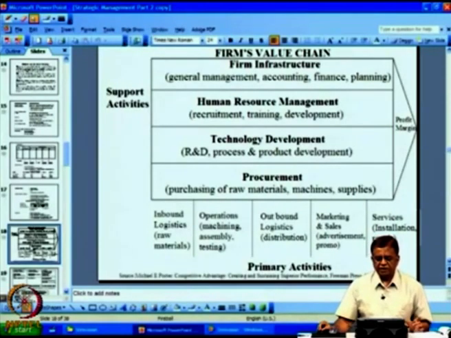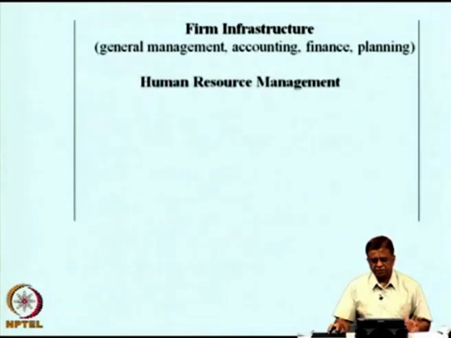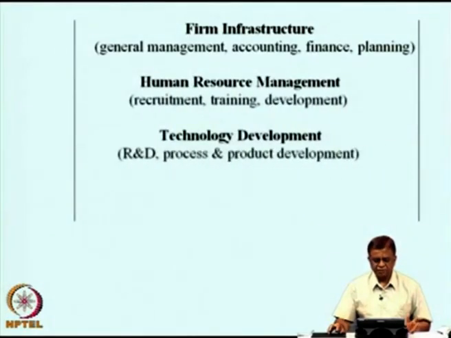These primary activities are supported by support activities, which are 4 in number, namely the firm infrastructure, the human resource management, the technology development and the procurement. All this leads you to draw the firm's value chain. So, this is how the firm's value chain looks like.